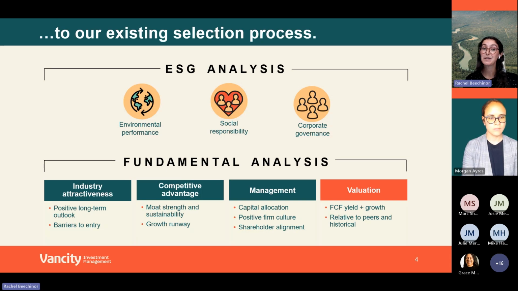One of the most important things we look at is the management team, as they are responsible for allocating the capital, making the important decisions, and also creating a positive environment for their employees. And lastly, we look at valuation to ensure that we aren't overpaying. We use various tools to do this, including free cash flow yield, discounted cash flows, and relative valuation.